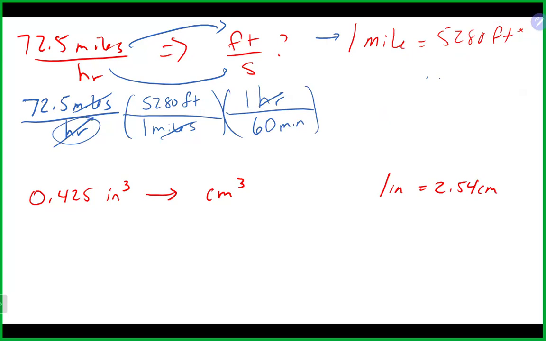Again, by setting it up like this, I can see clearly minutes are on the bottom, which means to get rid of them, I need to put minutes up on top on my last conversion. And in 1 minute, there is 60 seconds. Minutes will cancel. I now have feet on top, seconds on the bottom, which are the units that I am looking for in this particular case. First off, any question on the setup there?